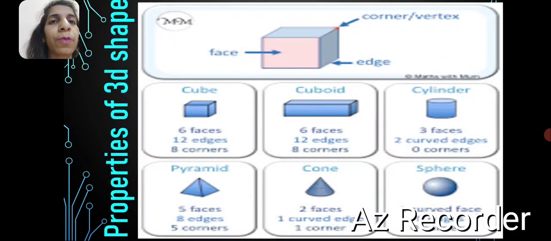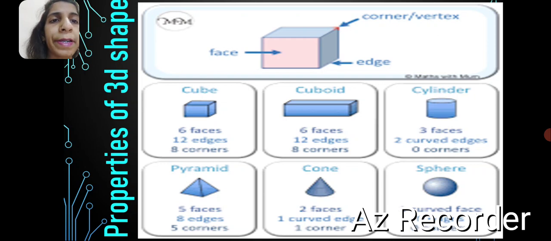Let's move further. Properties of 3D shapes. Cube has 6 faces, 12 edges and 8 corners. Next, cuboid also has 6 faces, 12 edges and 8 corners. Next, a cylinder has 3 faces, 2 curved edges and 0 corners.